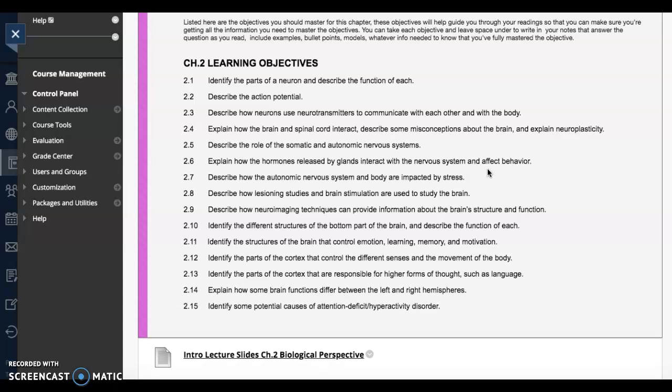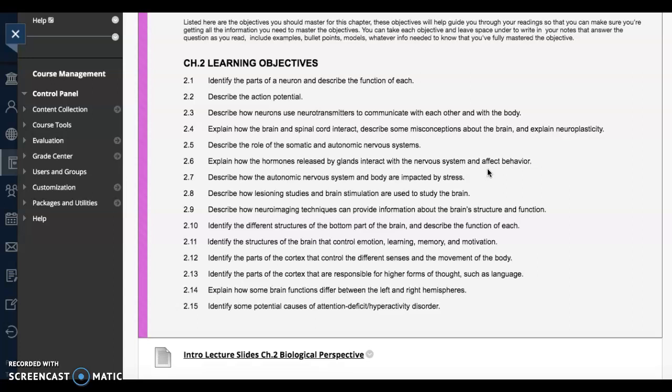So the beginning of the chapter starts with the base principle of neurons. Everything happens at a neural level. For us to do anything, to blink an eye, to raise an arm, to say a word, to fall asleep, all of these things happen because neurons in our body talk to each other, and they tell another part of the body to do something.